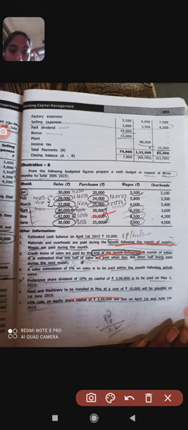So April is 6,200, May is 6,500 and June is 7,000. Only for the material purchases he gave the condition that payment is after 1 month. Purchases done in March, but payment is done in April, so 25,000 in April as purchases.